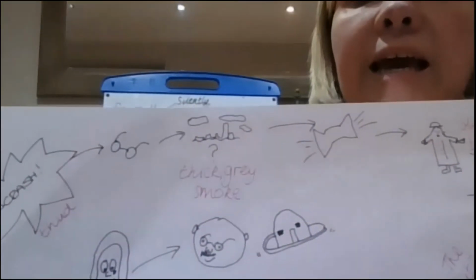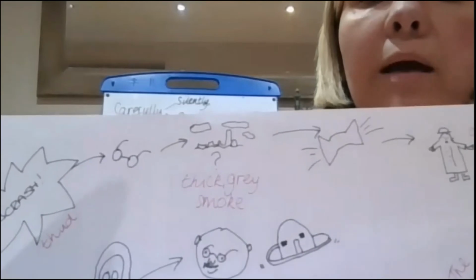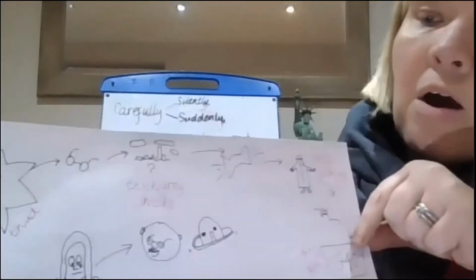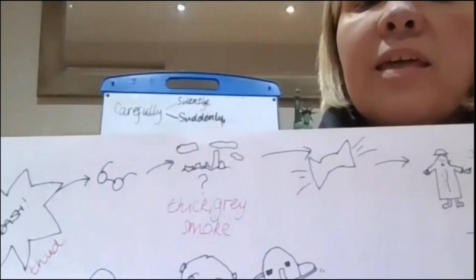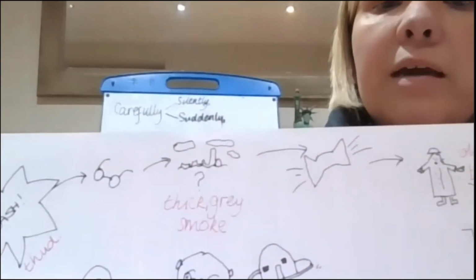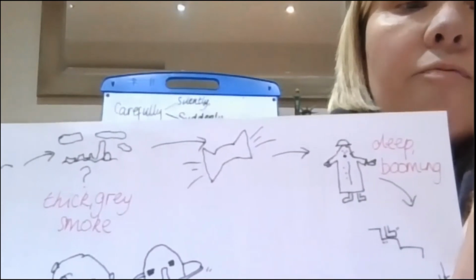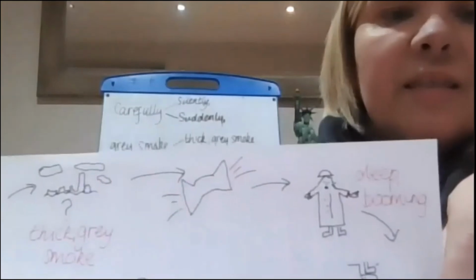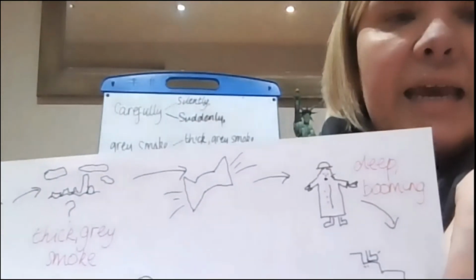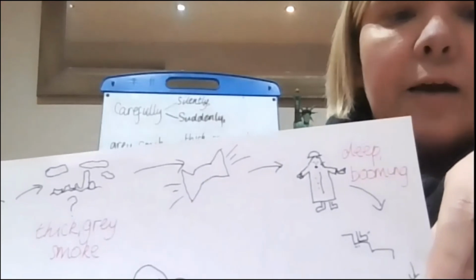So can you see there that where my rubble and where Professor Pete didn't know where he was, I've written thick grey smoke, okay, because I really like that. And then where my man was, okay, I've written deep booming, just to remind me that that's a really good double adjective sentence now.